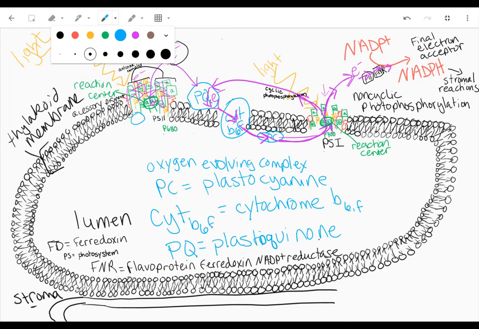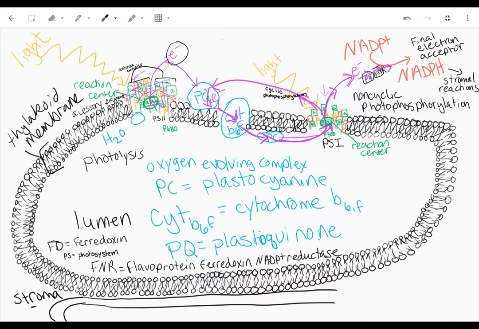So what we have is water, and through a process called photolysis, that water is going to be split into its components.